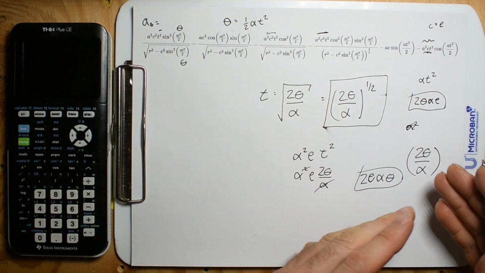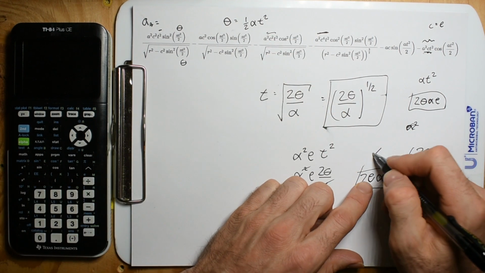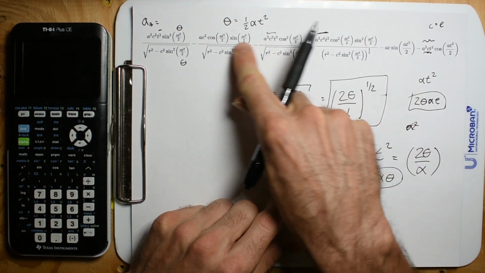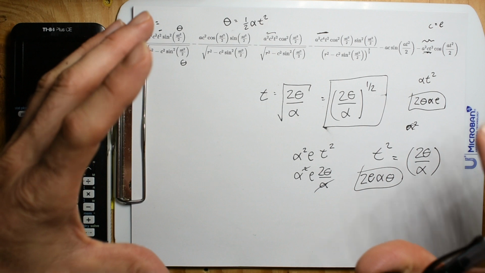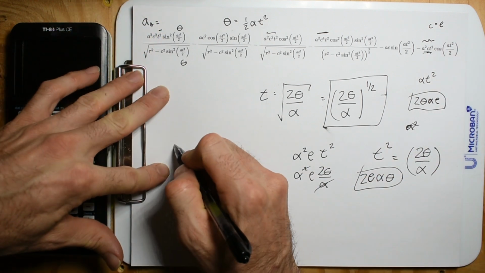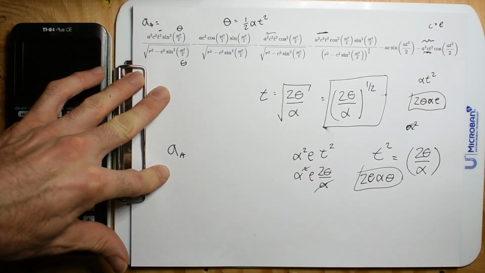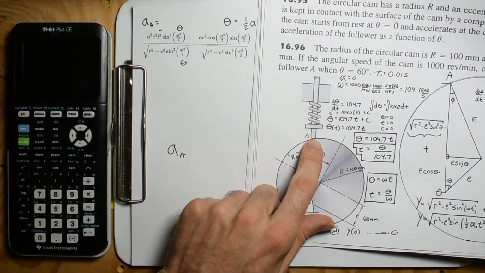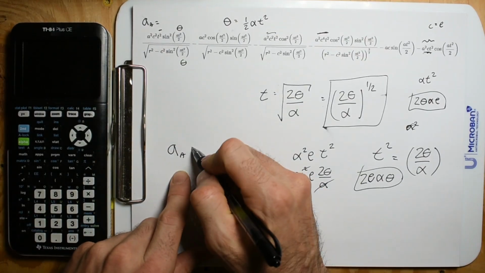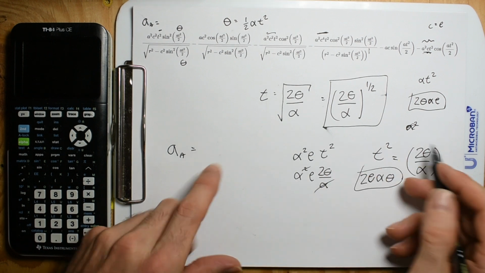I could say, I see a lot of t squareds out here, so I'm just going to input this, and then you can just use this equation. And this equation would give you the angular acceleration of this follower as a function of theta.